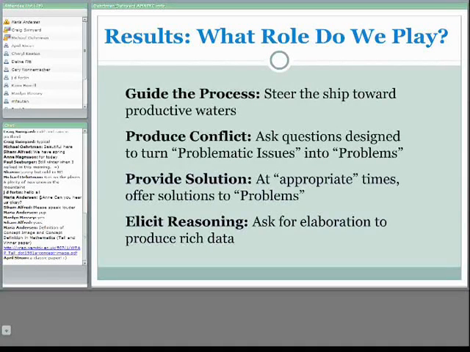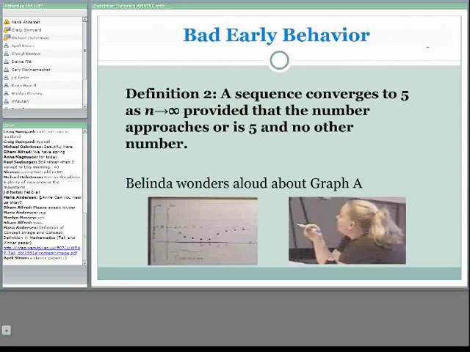And so what's happening here is the students are looking at their definition, and then they're looking at the graphs, and they're pointing out that there's conflict between what they've written as the definition and what they've drawn as a graph of something converging to 5.